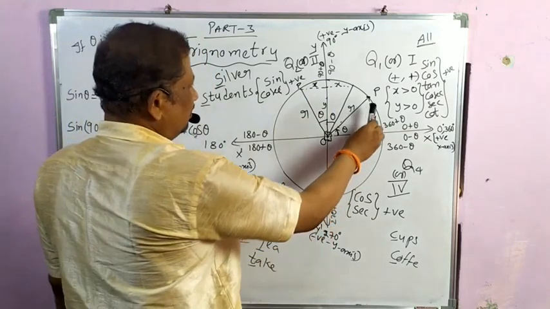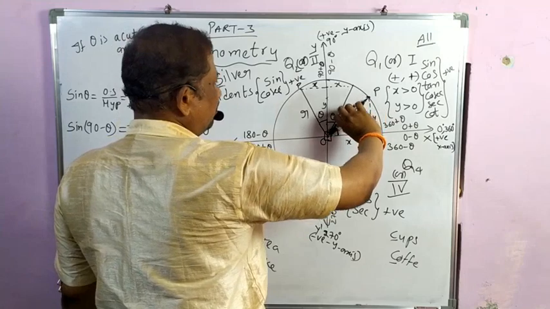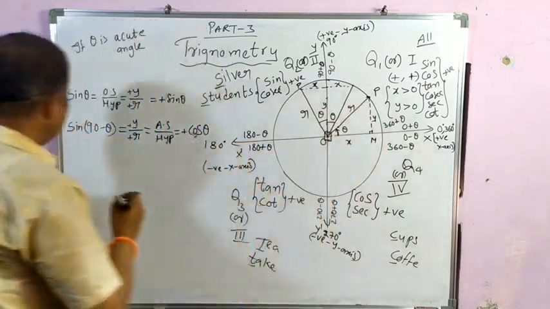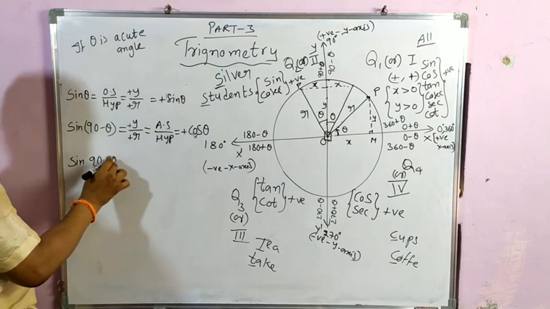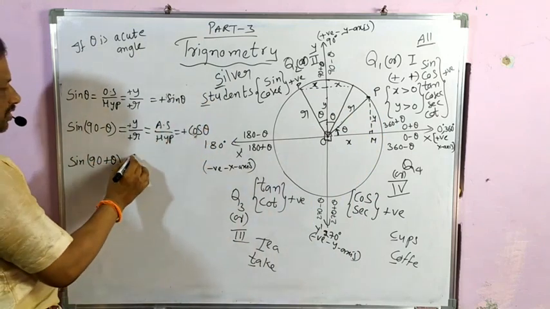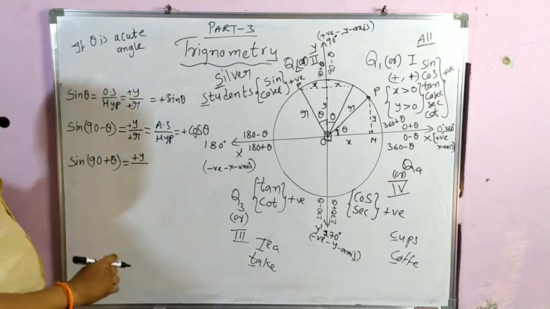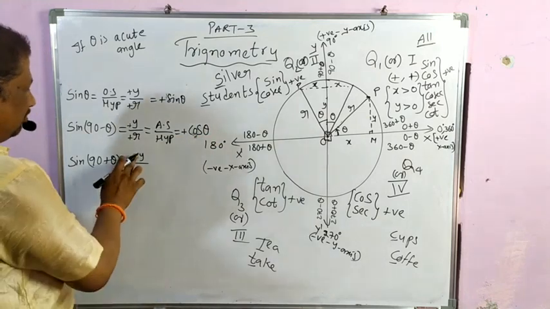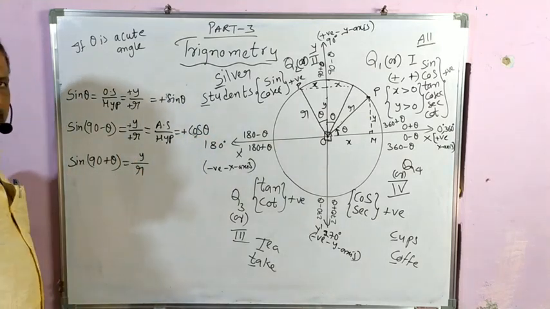In the first quadrant, sine is opposite side y over hypotenuse r. So for sine of 90 plus theta, what will we get here? The opposite side is y, and the hypotenuse is r.